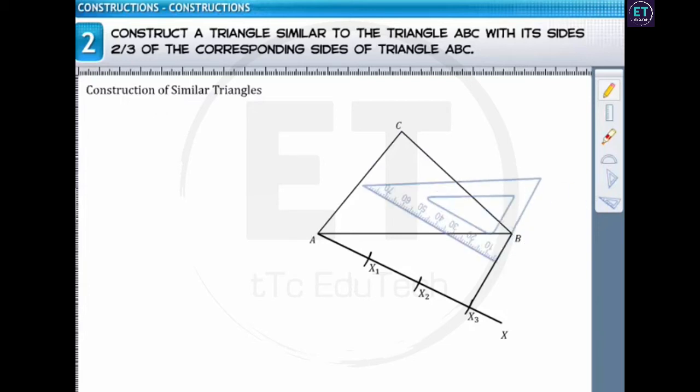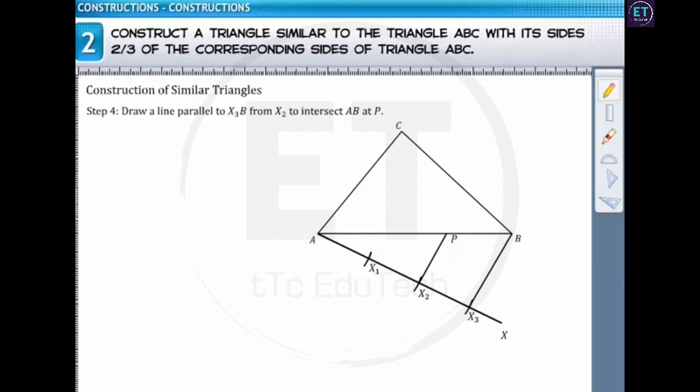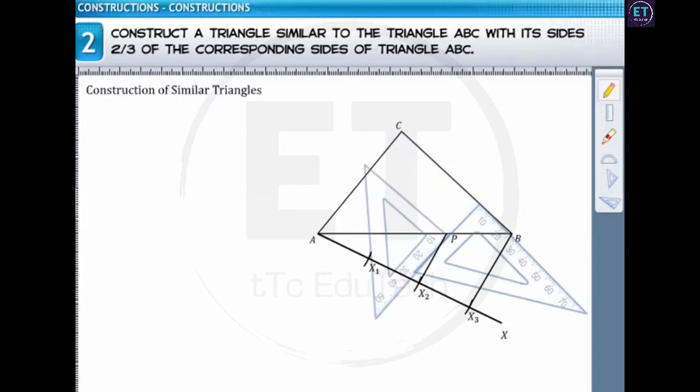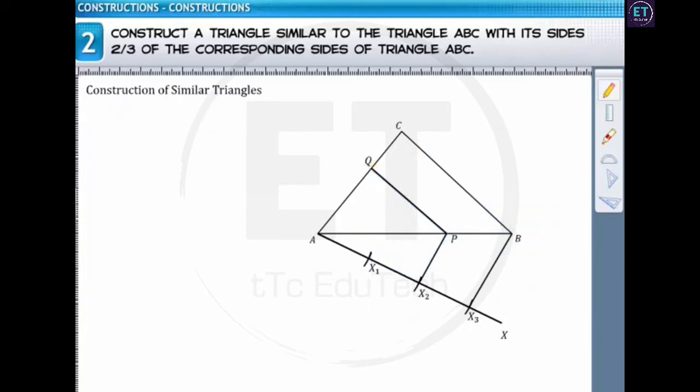So as step 4, draw a line parallel to X3B from the point X2 to intersect AB at point P. Finally, as step 5, draw a line parallel to side BC at P to intersect side AC at Q. Triangle APQ is similar to the given triangle ABC, and its sides are 2 by 3 of the corresponding sides of the triangle ABC. Thus, APQ is the required triangle.